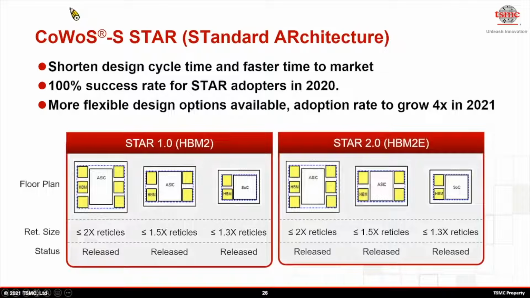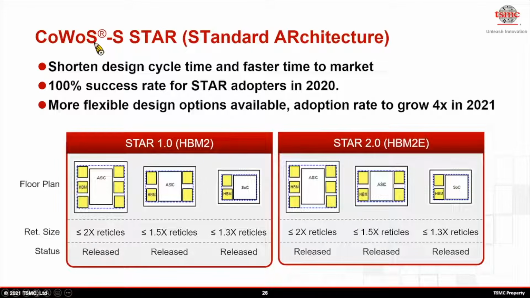Based on customers' input, it's very desirable to shorten design cycle time and have faster time to market for CoWoS. So we developed what we call STAR, which means Standard Architecture, to enable this. We have seen 100% success rate for STAR adopters in 2020.